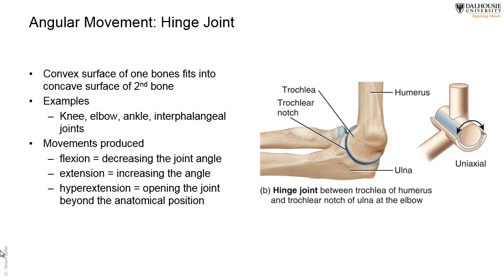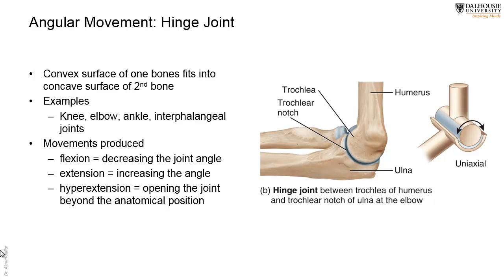So sometimes it's called a hinge variety of synovial joint. The movement is around a single axis, so it's called a uniaxial joint. Other examples of such uniaxial joints are the knee joint, the ankle joint, and the interphalangeal joints between the phalanges of the digits or the toes.